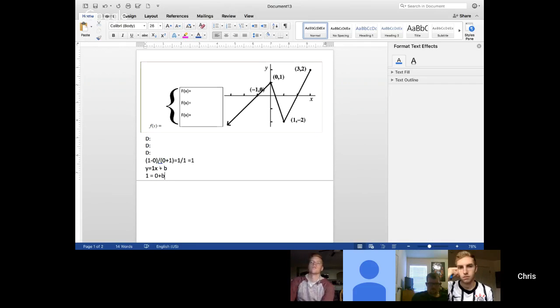If they have the y-intercept as 1 already, you can plug that in as b. You got your equation: y equals x plus 1.